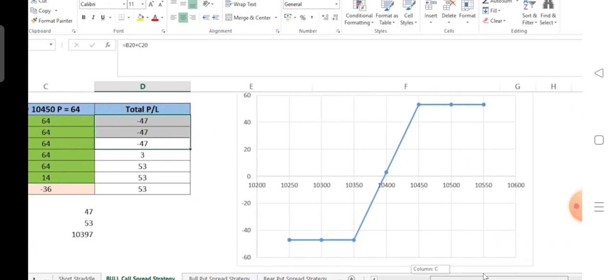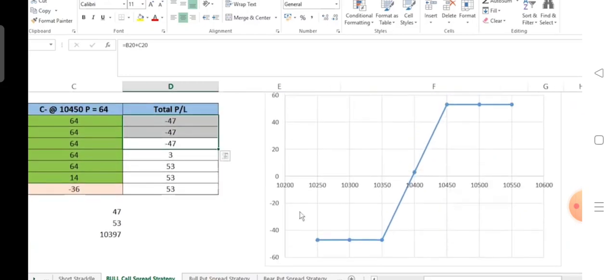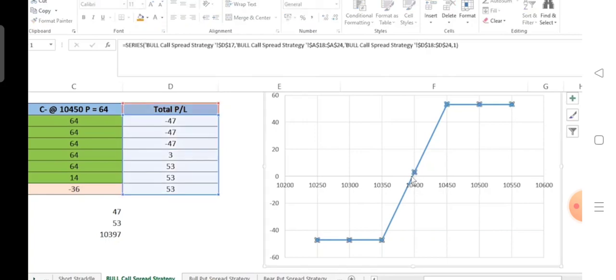We can have a look at the payoff diagram here. For prices below 350, we have a fixed loss of 47 rupees, and above 450 we have a fixed profit of 53 rupees, as we can see in this diagram. The break-even point is 10,397, which is this point.